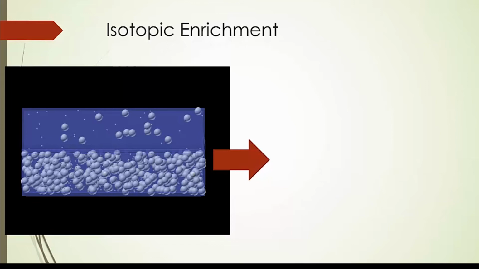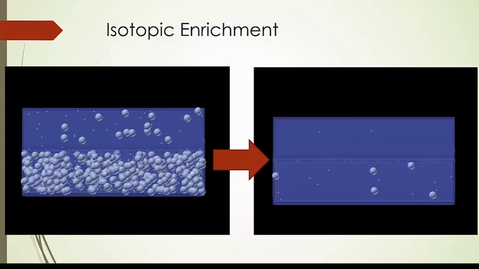If you can turn an element into a gas in some form, the lighter the gas, here represented by being smaller just so that it's visual, though of course in reality they're the same size, the smaller gas will go through the semi-permeable membrane at a much higher rate. You can then collect those samples and send them through many phases of this. And each phase you're going to get closer and closer and closer to a pure version of the isotopes.